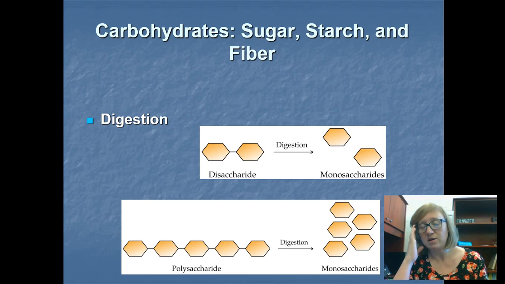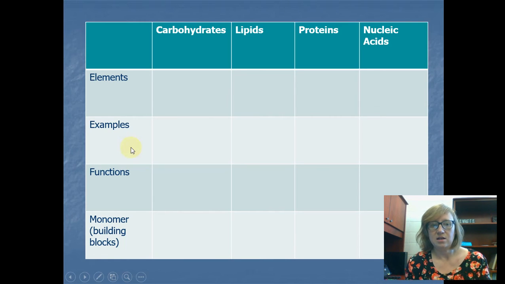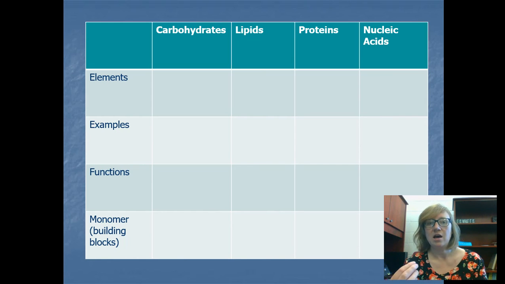That's all I want to talk to you about carbs. Just going back to this, the elements we talked about, C, H, and O. Examples: we have monosaccharides, disaccharides, and polysaccharides. An example of a monosaccharide is glucose. A disaccharide would be sucrose or lactose. A polysaccharide could be starch or cellulose.